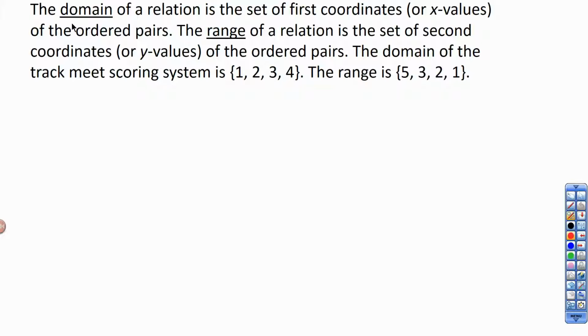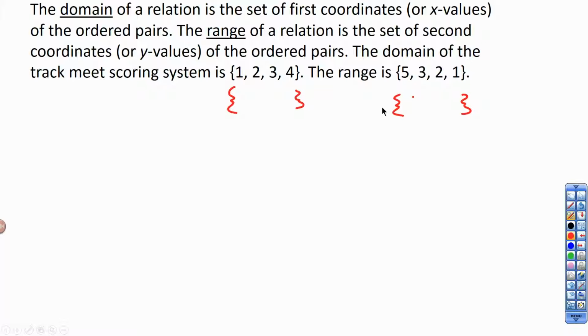These braces that were just read out are called the set of. So everything inside those braces means the set: the set of 1, 2, 3, 4, and the range is the set of 5, 3, 2, 1.